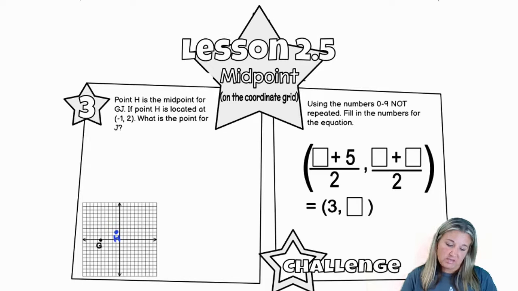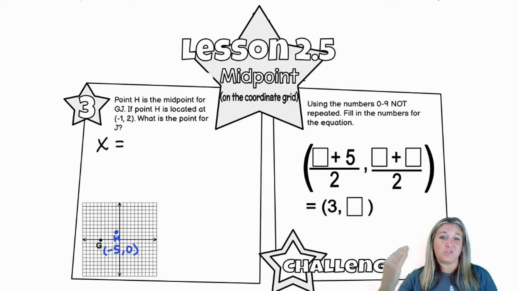And G is at negative 5, 0. And I know the midpoint. I'm trying to find the other endpoint. So for the x variable, I am going to take the endpoint, which is G. I don't know what the other endpoint J is, so I'm going to use capital J, lowercase x.